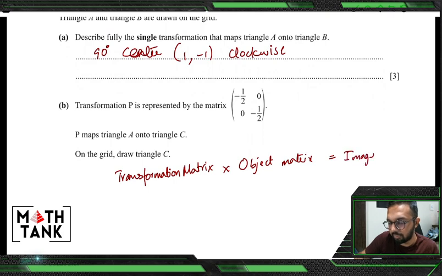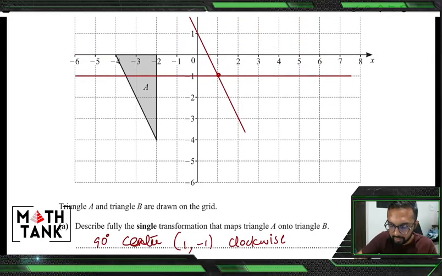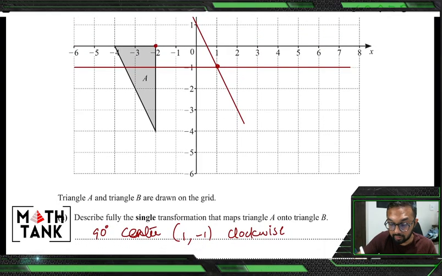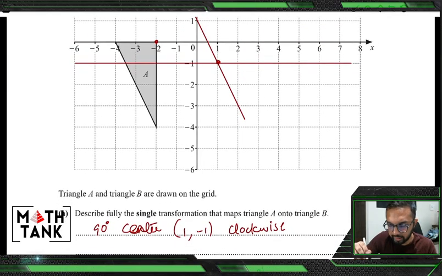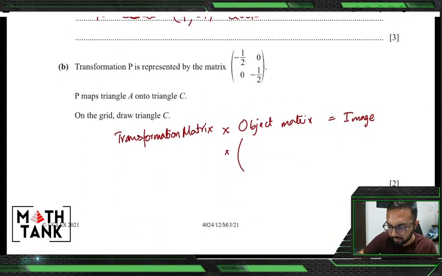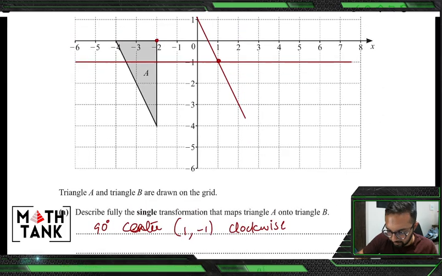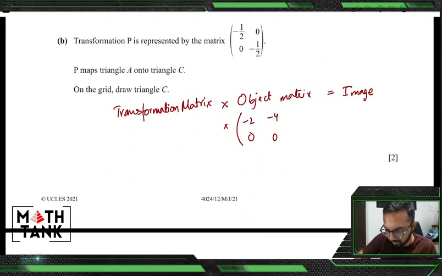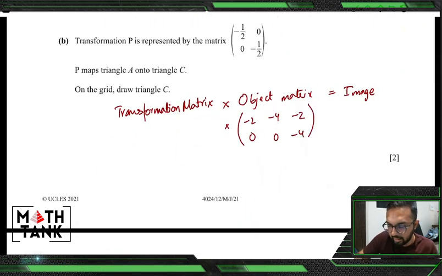Now what do I mean by object matrix? I can write all the vertices of A as the object. So minus 2, 0, minus 4, 0, and this one is minus 2 comma minus 4. And I could just do a matrix multiplication.